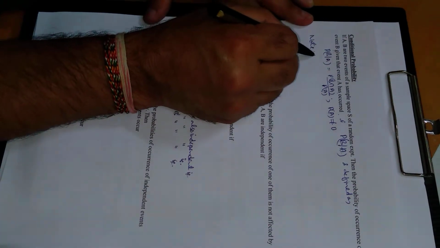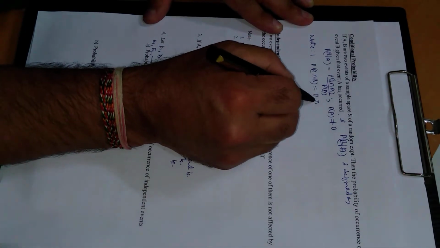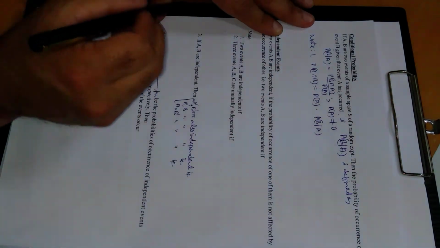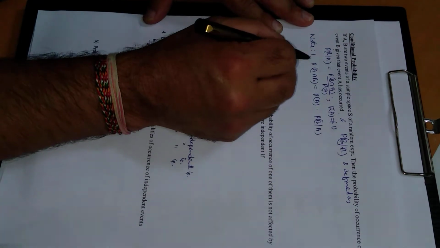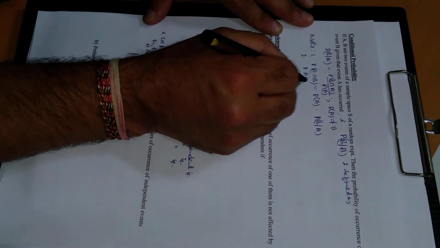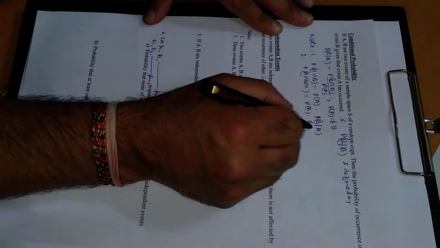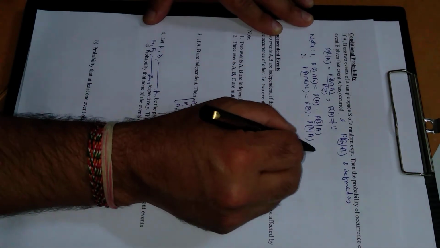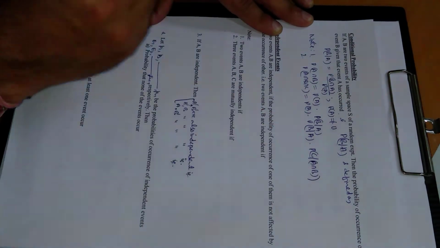Note number 1, probability of A intersection B is the probability of A into the probability of B when event A has already occurred. Number 2, probability of A intersection B intersection C is the probability of A into the probability of B when event A has already occurred, into the probability of C when events A and B have both already occurred, and so on.